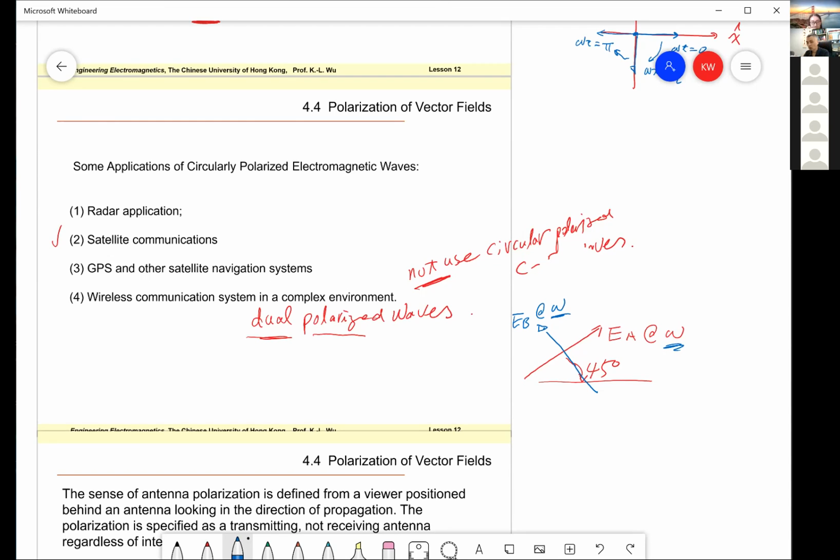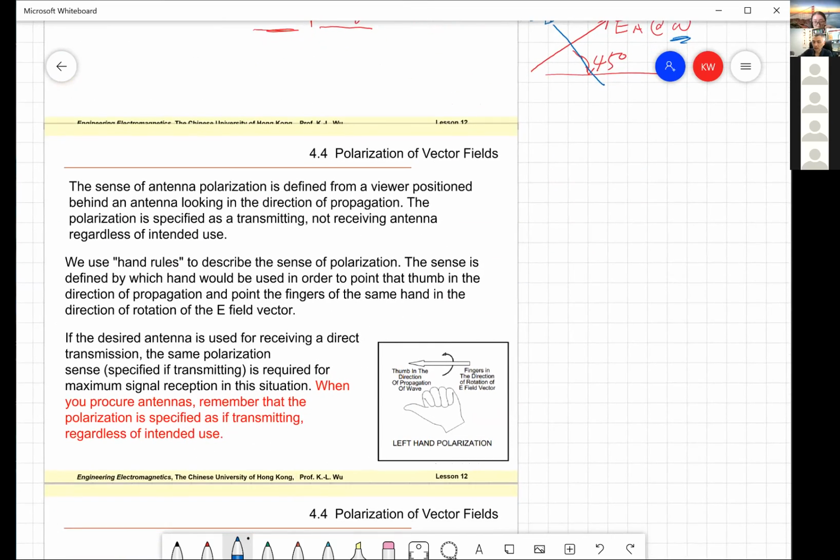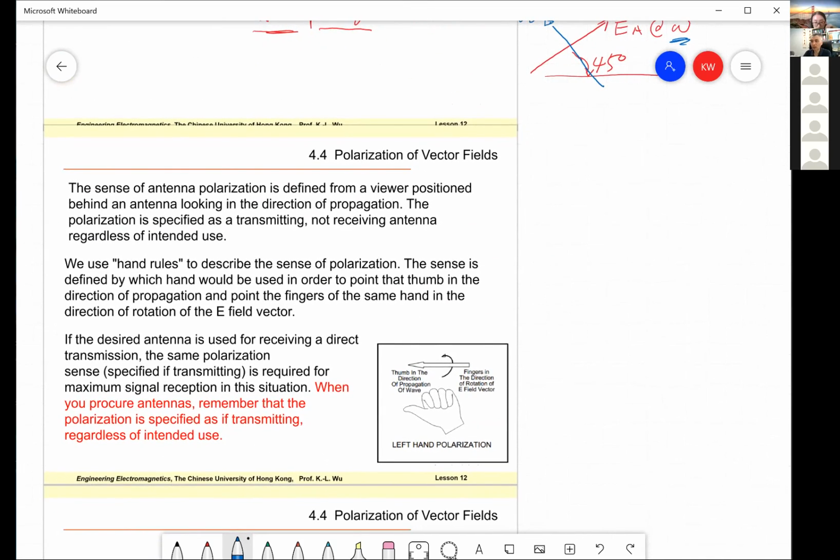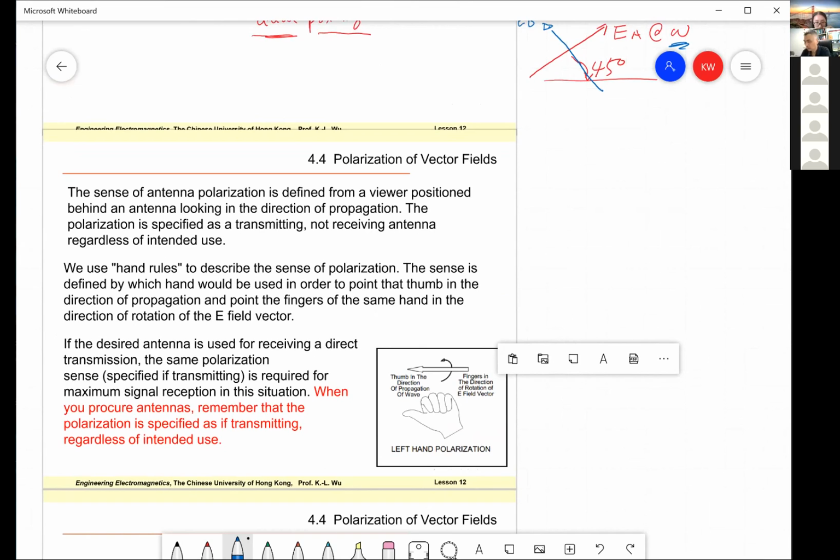So this is one thing I'd like to mention, and another very important thing is, when we call a wave circularly polarized, we always refer to the transmitting mode.